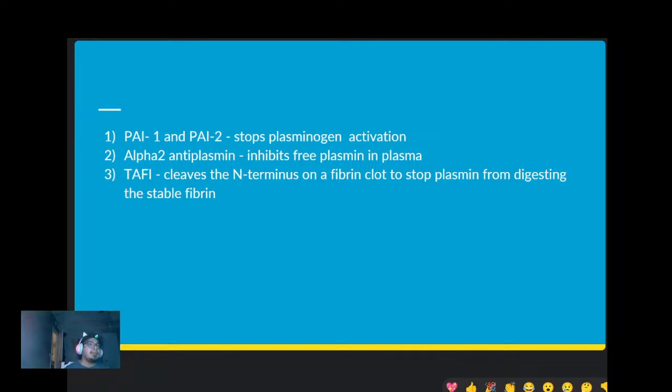Alpha 2 antiplasmin inhibits the free plasmin in the plasma. And TAFI is the one that cleaves the N-terminus of the fibrin clot, which stops the digestion of fibrin, which results in the production of D-dimer and FDPs.